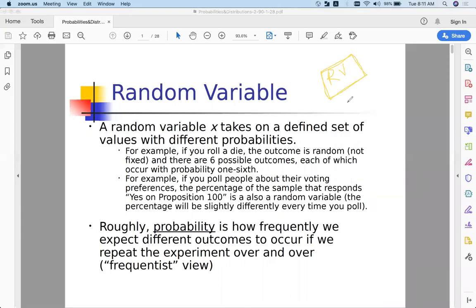Some of the random variables we have discussed: the first one is when you flip a coin, which is a random variable because the outcome could be heads or tails. The second is rolling a dice, another example of a random variable.